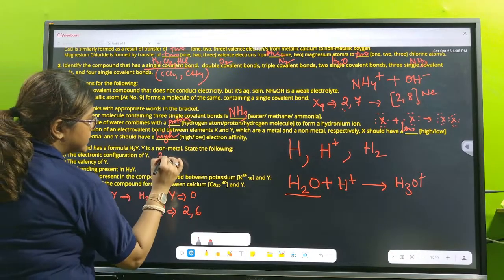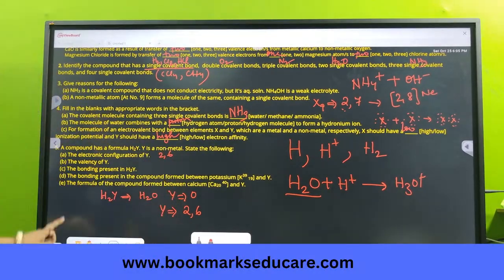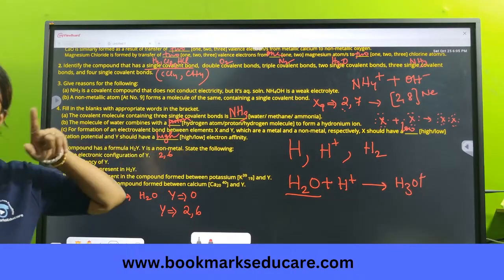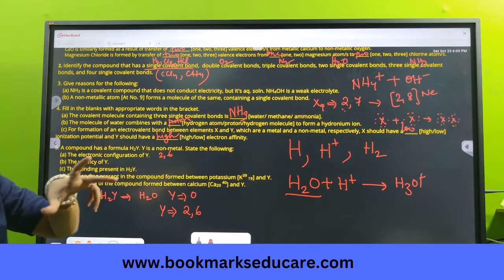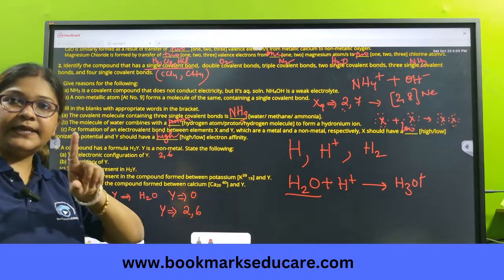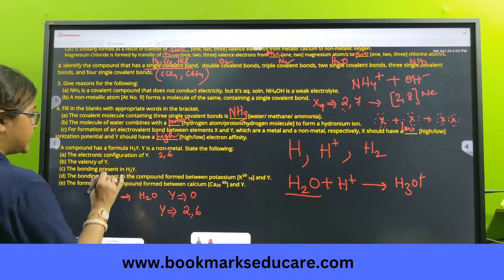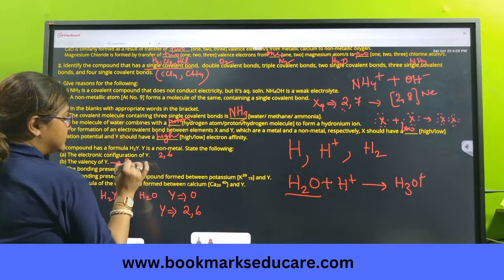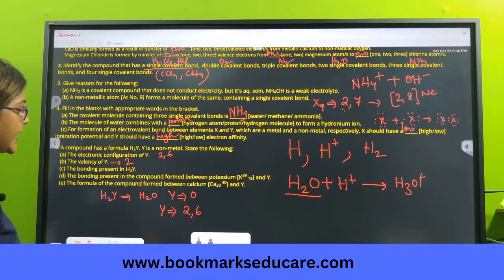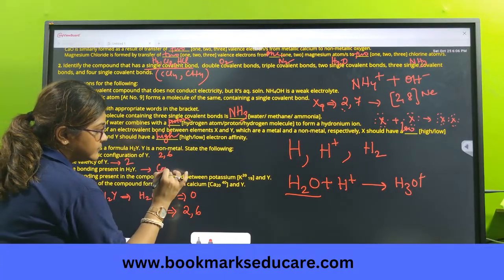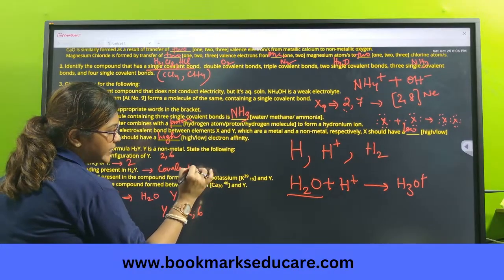Next, the valency of Y. It will take up 2 electrons. The number of electrons that it is taking up is known as its valency. So its valency will be 2. Next, the bonding present in H2Y is covalent.